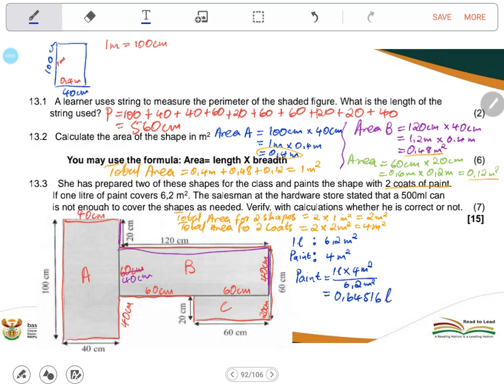I'm taking a little bit more of the decimals after the comma because this is not the end of the calculation.